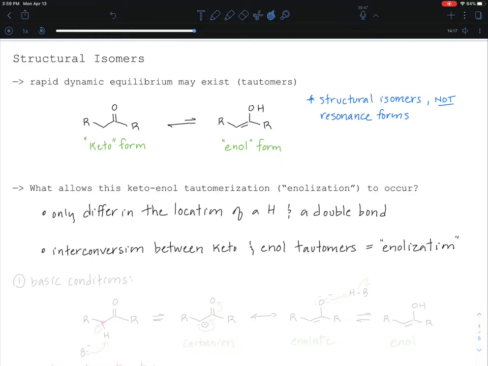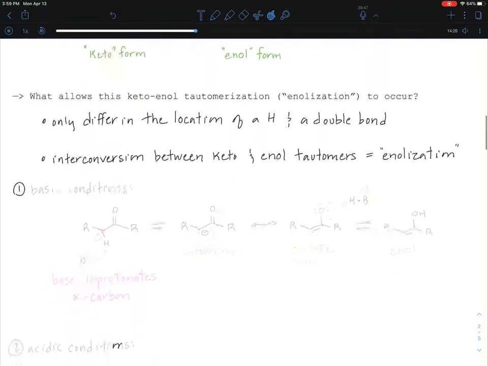Okay, so what's allowing this to happen? In basic solution, we'll just do one example here.